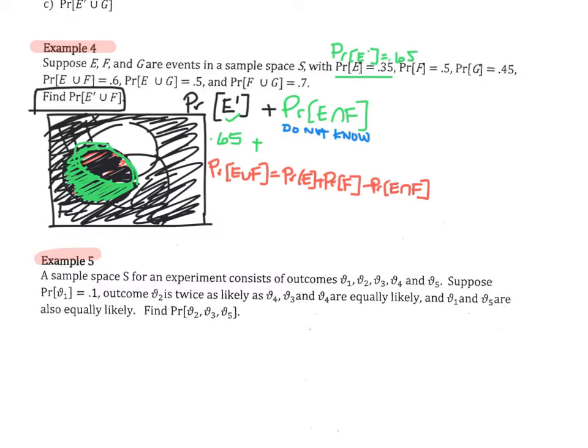This formula is used to find any one of these four pieces. So, for instance, we're looking for E and F, which means I don't know this part. But I do know these other parts. E is listed to be 0.35, F is listed to be 0.5, and E or F is listed to be 0.6.